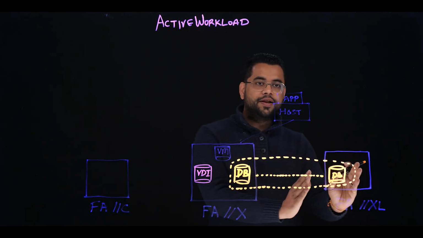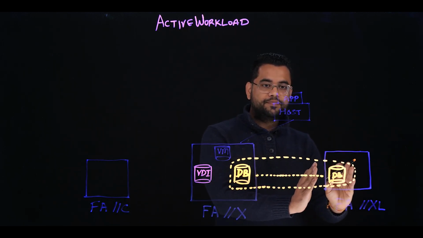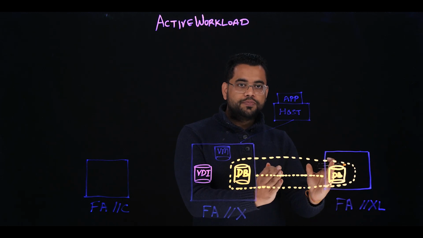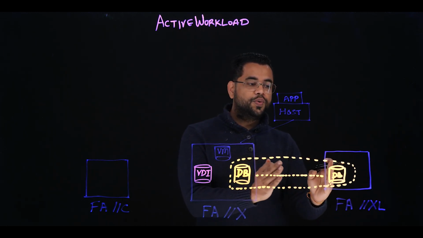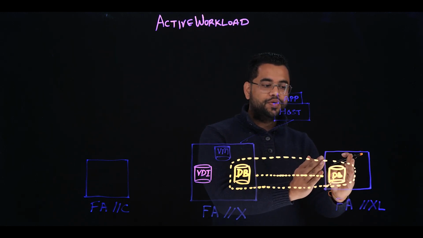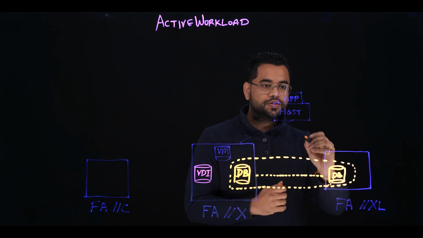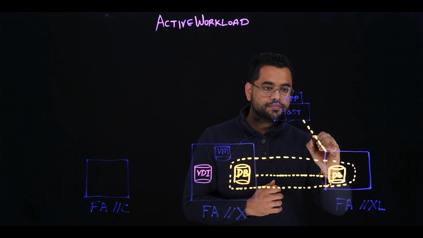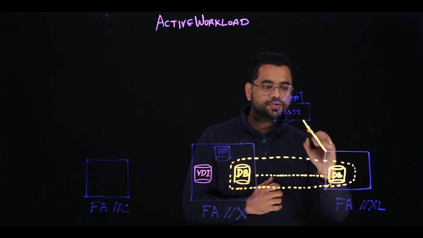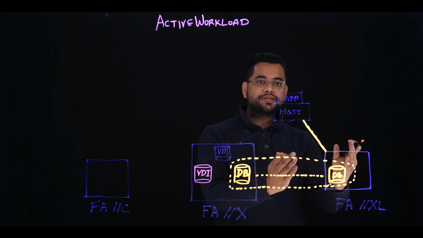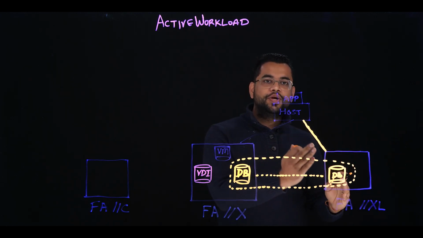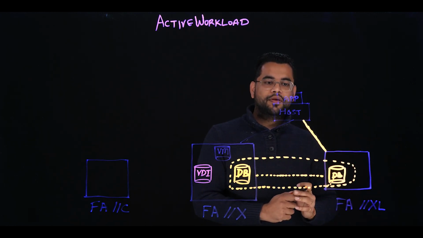Now, once the data is available on the second FlashArray, this volume is essentially the same volume in terms of its serial number. So from this FlashArray, you would configure this host to be connected. Let's draw it as a solid line, and expose more paths from this host to the same volume.